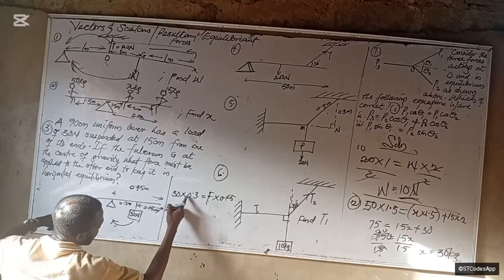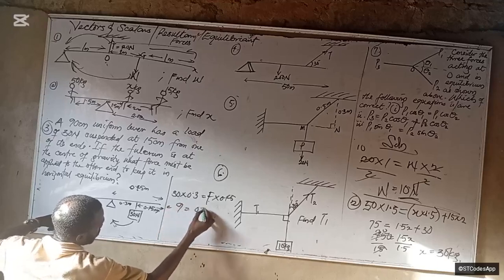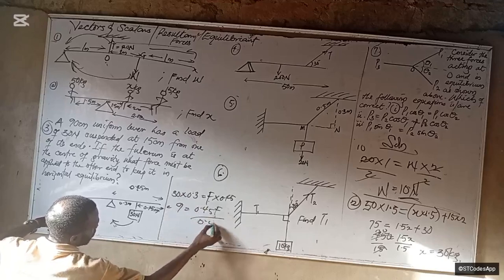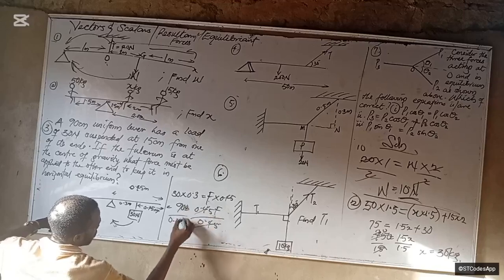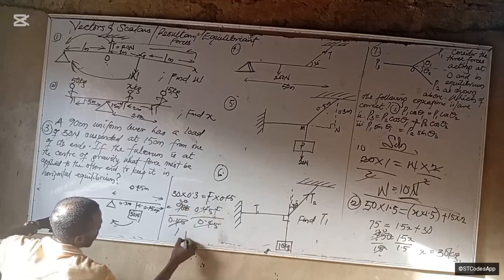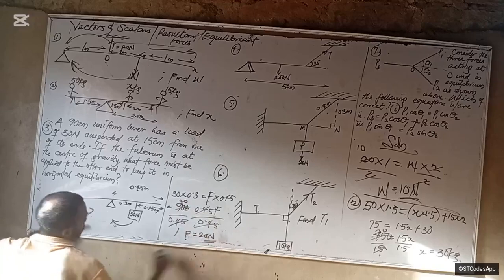So this becomes 3 times 3, 9, is equal to 0.45 F. So F is equal to 20 Newton.